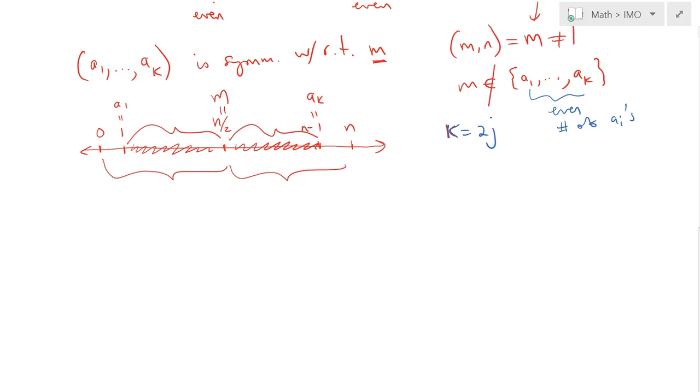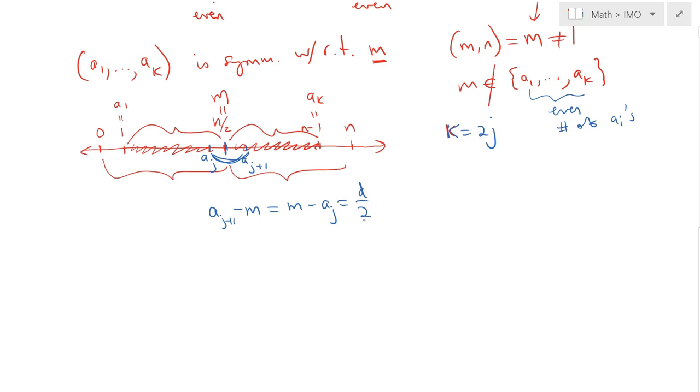And as a result, because they are symmetric with respect to m, the middle, the one right before m would be a sub j, and the one right after would be a sub j plus 1, and we have m in the middle. The common difference is d. In fact, therefore, we can write the following: a sub j plus 1 minus m is equal to m minus a sub j, and that's simply because the common difference was d, so this is simply equal to d over 2.